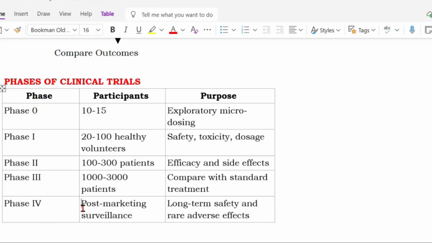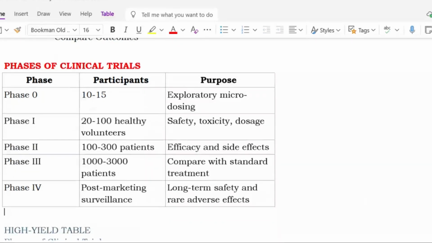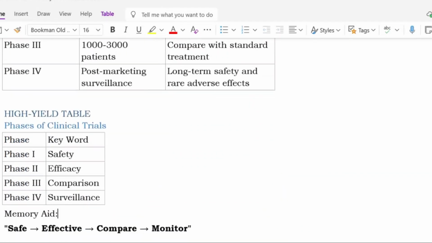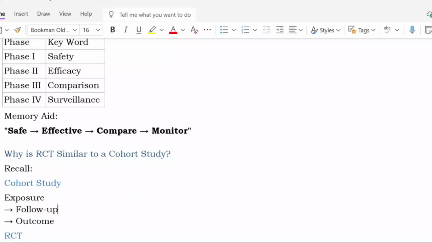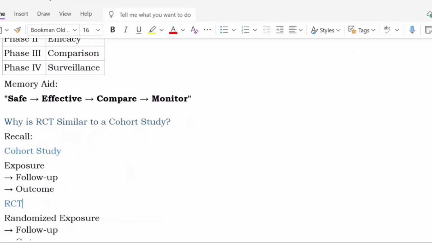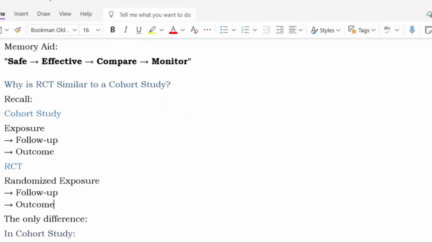PMS, post-marketing surveillance, and here the long-term safety and rare adverse effects are noted. So these are the phases. Phase 1 looks for safety, phase 2 is for efficacy, phase 3 is for comparison, and phase 4 is for surveillance. So safety, effectiveness, comparison, and monitoring. In phase 3, we compare with the standard drug or standard treatment.